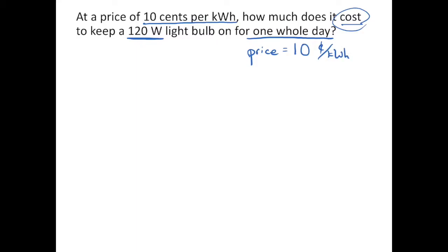Our watts is power, right? Power equals 120 watts. And then one whole day, that's the time. Time equals 1 day. We're going to have to convert that into hours, and that's 24 hours. And we want to know cost.